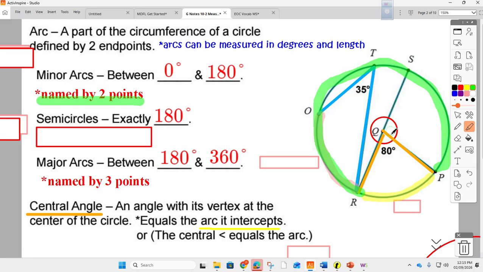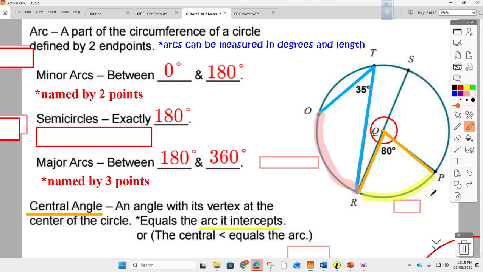It's obviously less than 180 degrees, right? The other one would have to be more than 180. So the way we would name this major arc could be arc ROP, or arc RTP, or arc RSP. Any of those would work. That tells us it's not the RP that's less than 180. It's the RP that's more than 180.